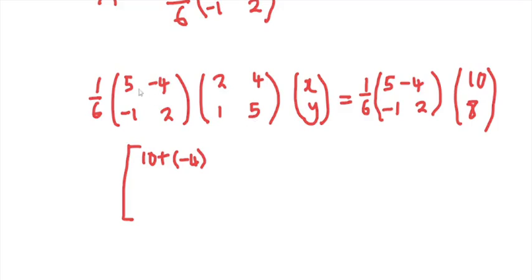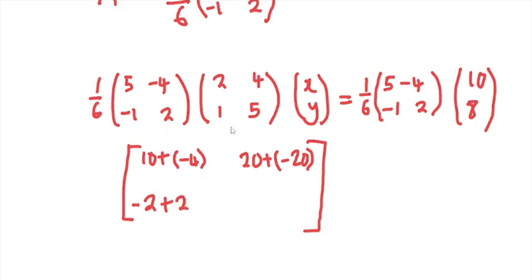Again, row by column: 5 times 4 gives us 20, plus -4 times 5 gives us -20. Down here, row by column: -1 times 2 is -2, plus 2 times 1 is 2. Again, -1 times 4 is -4, plus 2 times 5 is 10.